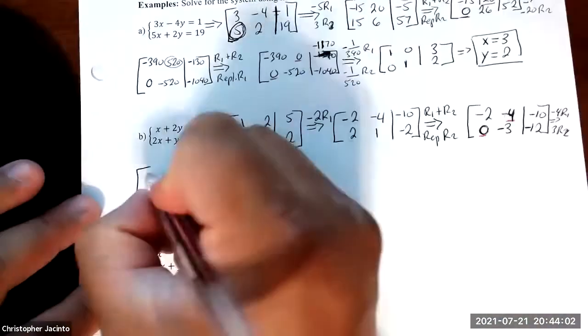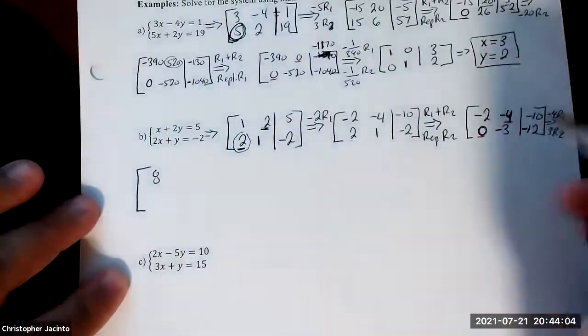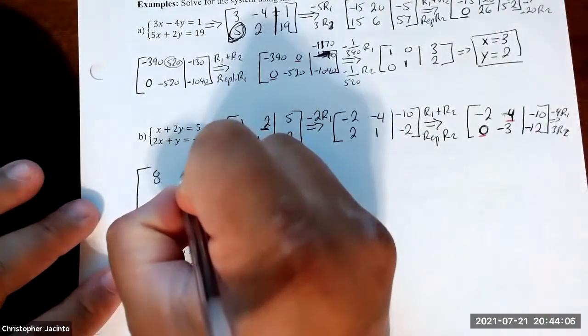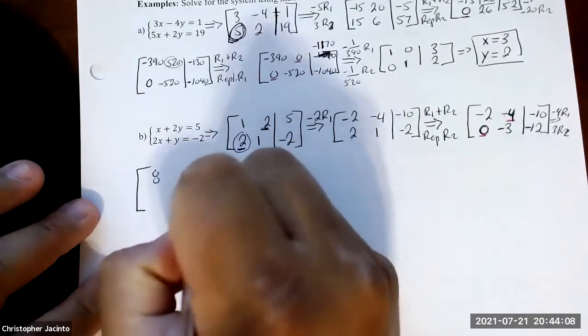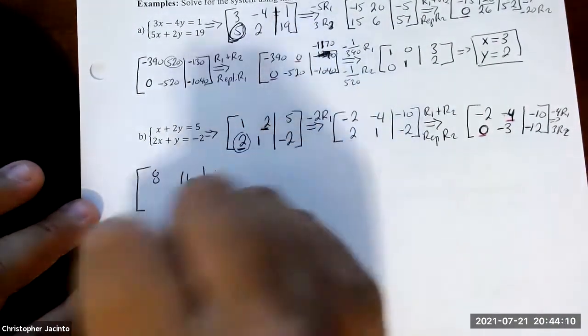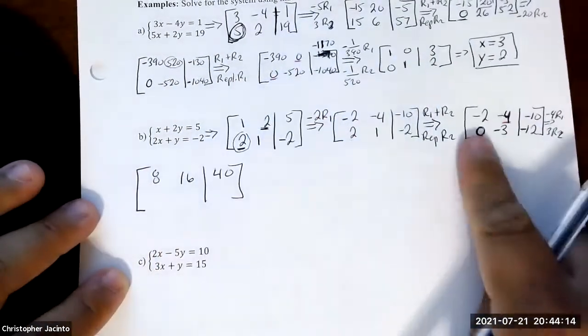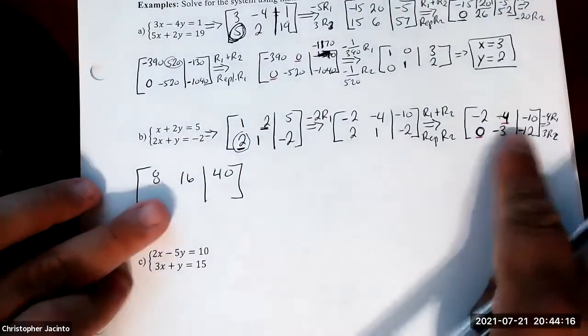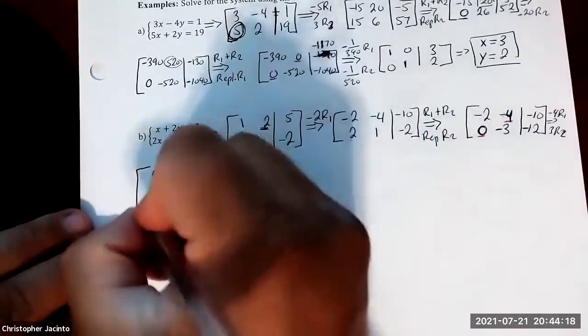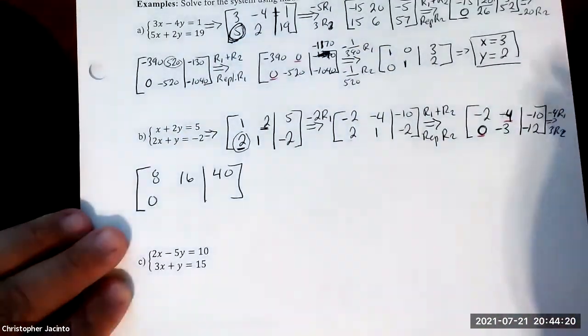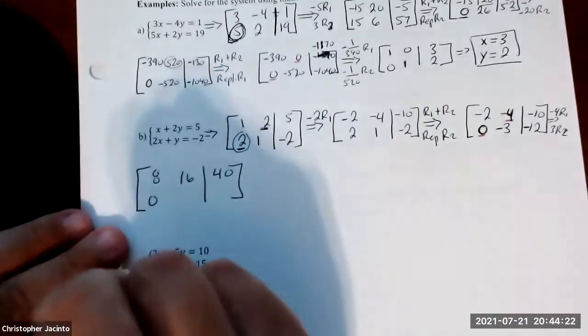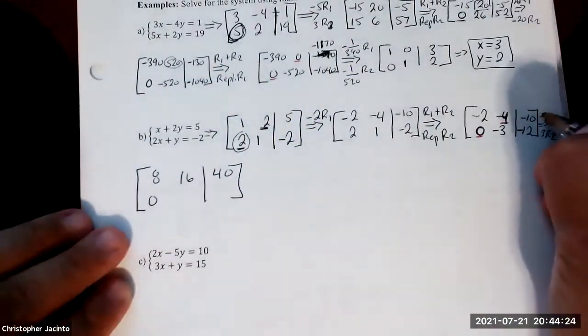So if we do that, that's going to be +8 now. This is going to be +16, and that's going to be +40. Right? Did I multiply that right? Yep. Okay. Over here, it's still going to be 0. This is going to be negative. Oh no, I messed up. This is supposed to be by 3.